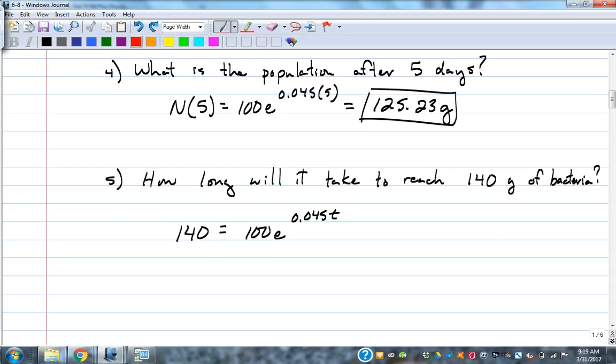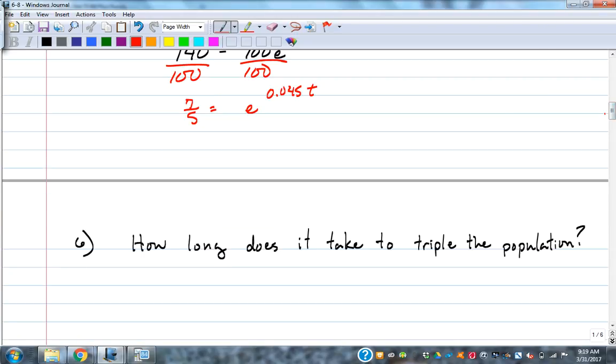So this is like the continuous interest problem. It's the exact same formula, really, except it's like going from $100 to $140 with continuous interest, but it's growth. So I divide by 100 and then do natural log. That's right. Good. So it'd be 7 over 5. And then, like I said, do natural log of both sides.